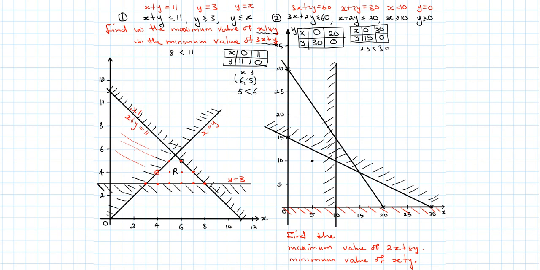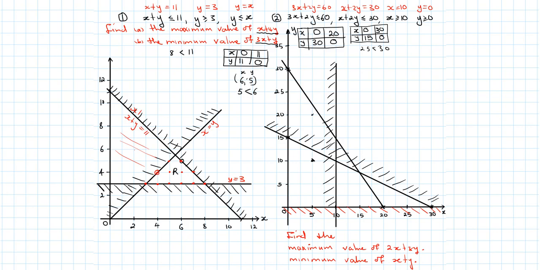Now we can still use the point that we used. Let's use (5, 20). Why not use (5, 10)? Okay, let's use (5, 20). Now let's substitute. What will (5, 20) give us? 5 plus 20 is 25, so the value is 55.